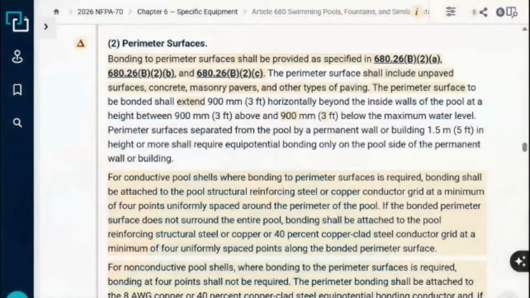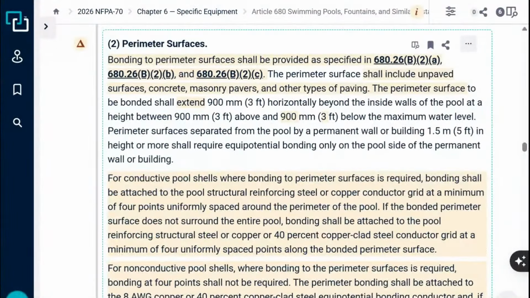So for our conversation, let's keep it so nobody's confused. It's the perimeter surface because that's the language the code uses. Whatever we're walking on that fits inside the dimensions of the perimeter surface, whatever that is, grass, gravel, concrete block, pavers, concrete itself. I'm on the same page. So we'll go with perimeter surface.